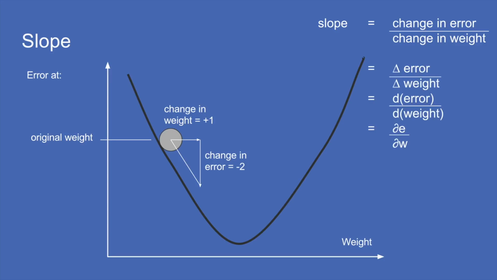Mathematically, there are several ways to write this. We'll favor the one on the bottom. It's technically most correct. We'll call it dE/dW for shorthand. Every time you see it, just think the change in error when I change a weight, or the change in the thing on the top when I change the thing on the bottom. This does get into a little bit of calculus.